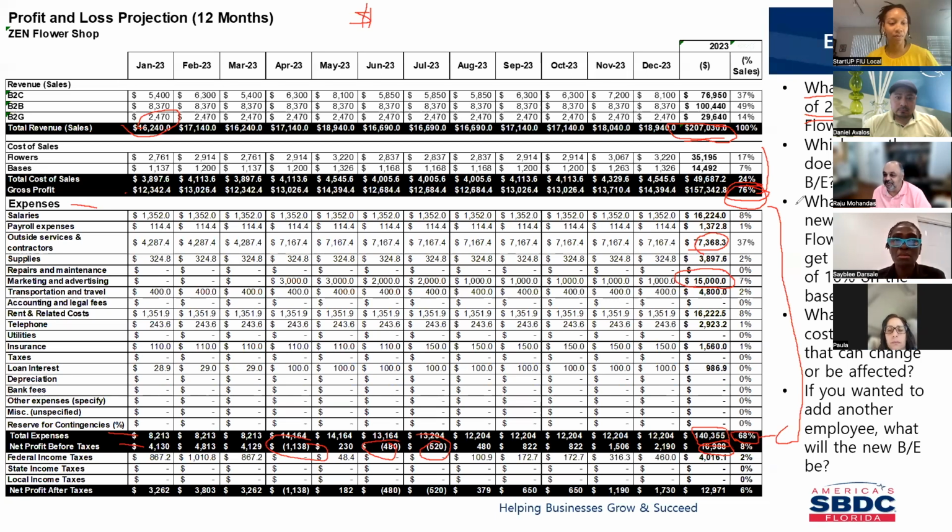Now, the next question is, which month does Zen reach break even? Which month? How will you calculate that? And there's a very simple answer to that one.